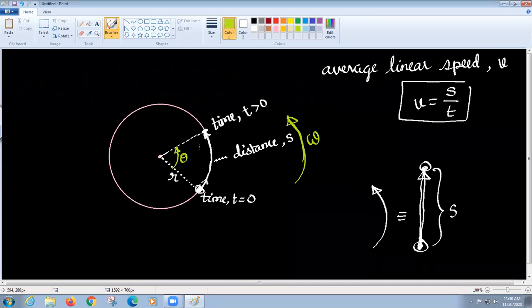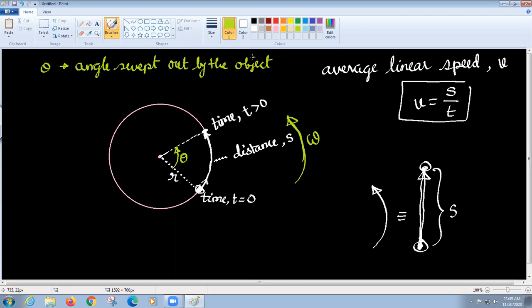Let theta be the angle swept out by the object in a certain period of time, in that period where you have linear movement. Then what must be the angular speed?